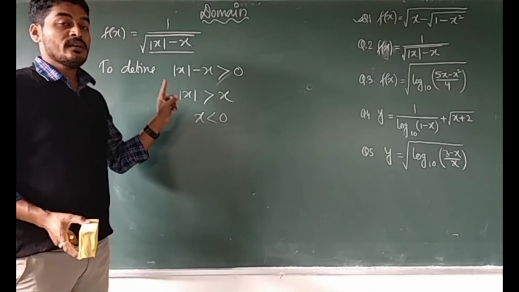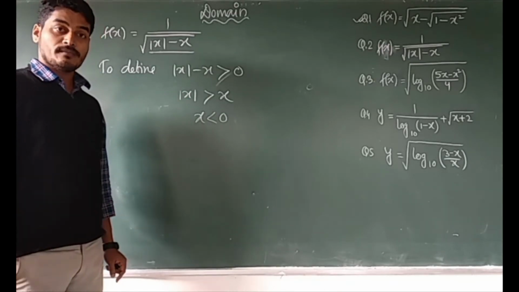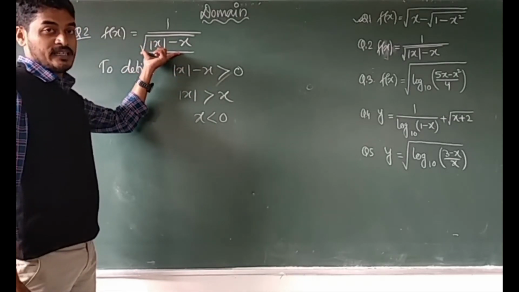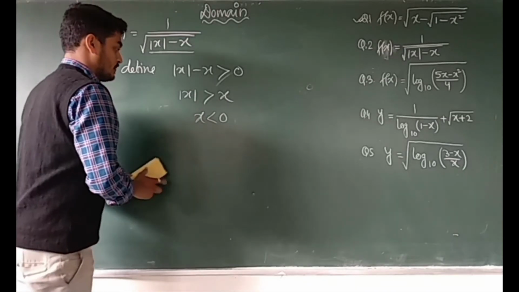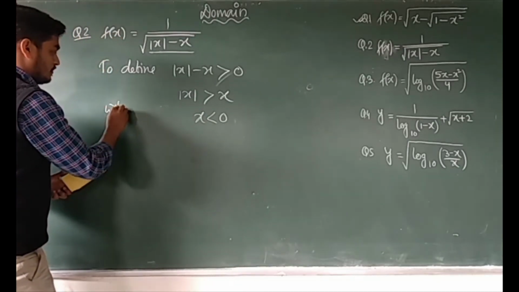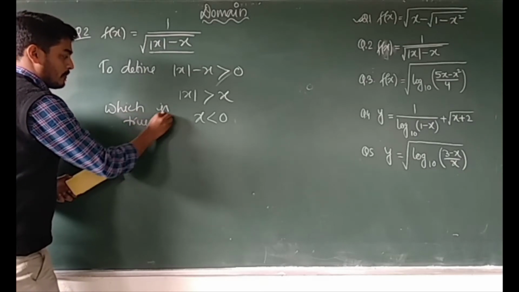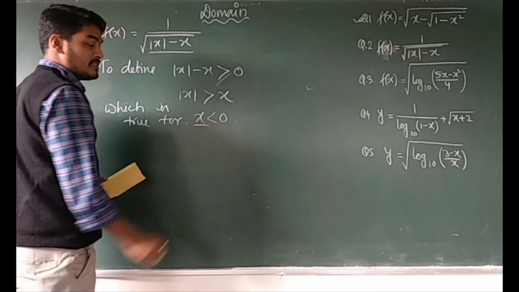For any negative real number, this statement is true. That means to define the function, modulus of x will be greater than x, and this is true for x less than 0. And we know that the set of values of x is known as the domain.